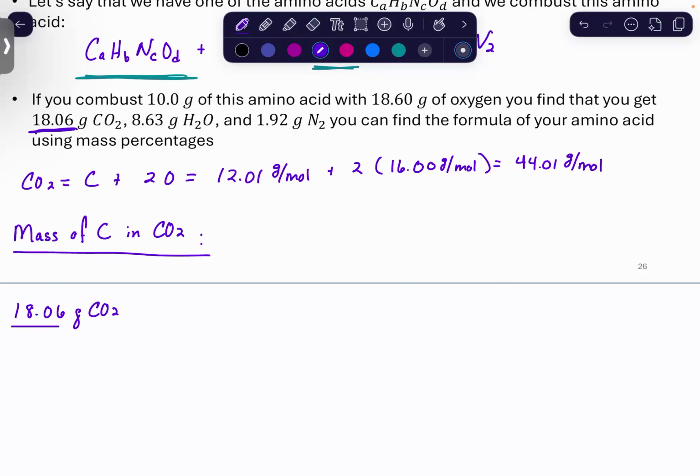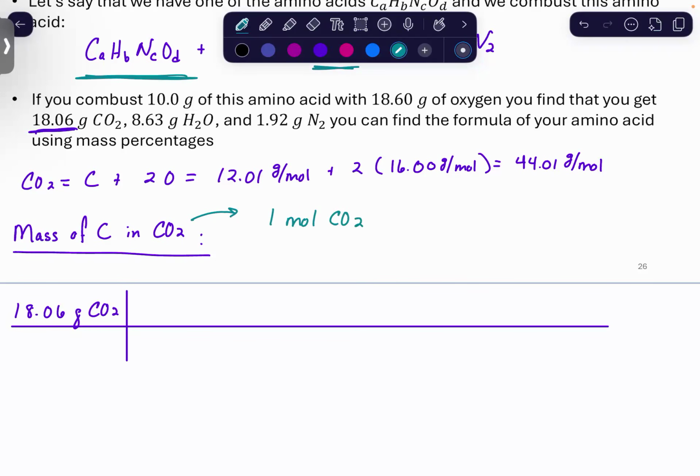Okay, so we're just going to start with what we have. Now, remember, in a lot of these calculations, I'm going to be comparing moles to moles, because if you look at CO2, for every 1 mole of CO2, I'm going to get 2 moles of oxygen.